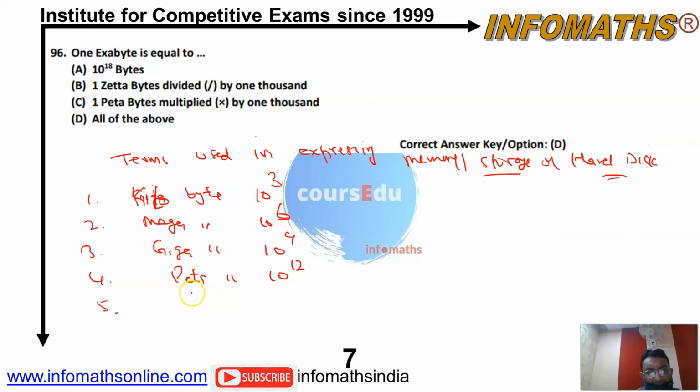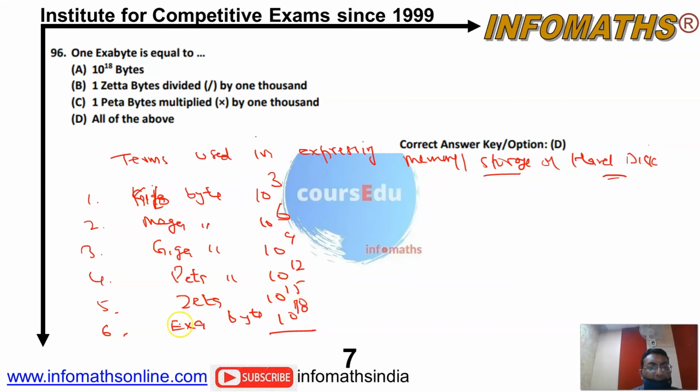After peta, I don't think so. Let's see. Then comes exabyte. Maybe it's zeta. Then exa. These are some popular terms. You just need to remember these terms. But I'm sure that exabyte is 10 raised to power 18.